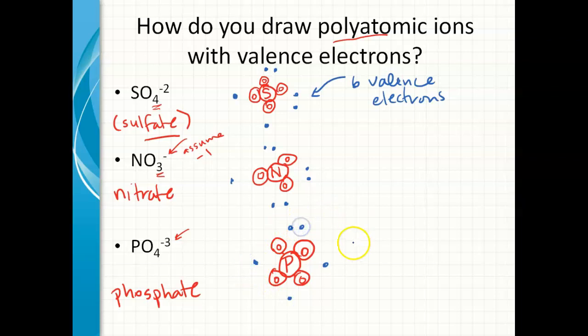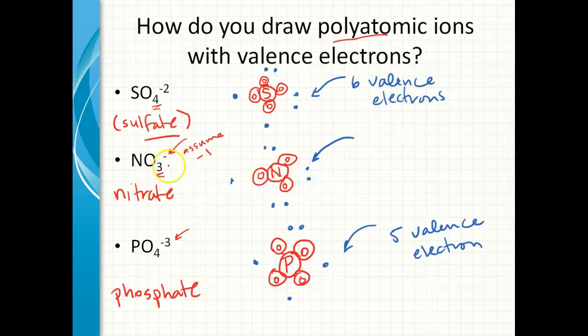So let me just refresh this. This has 5 valence electrons. And the reason I know that is because if I gain 3 electrons, 5 plus 3 equals 8. That's the number that I want to get that noble gas configuration.